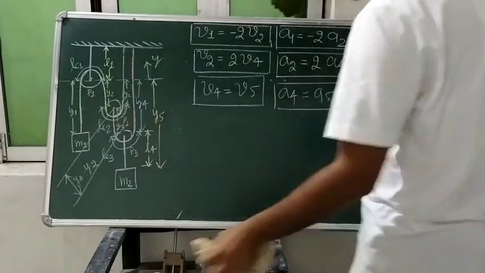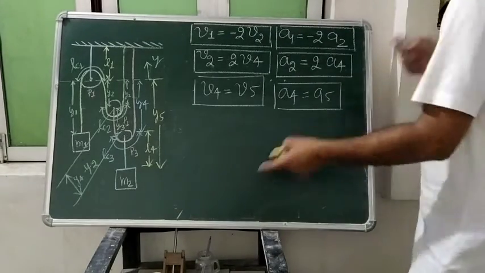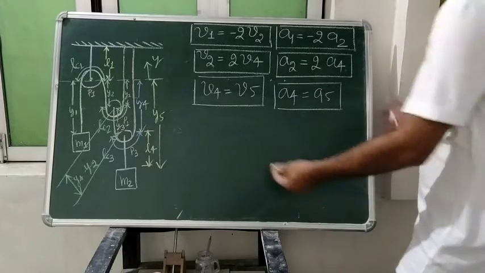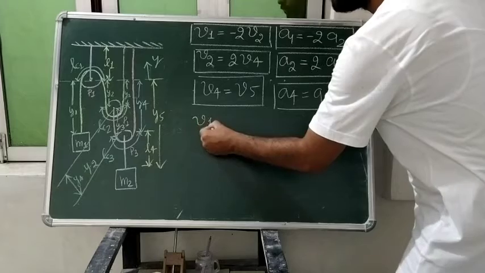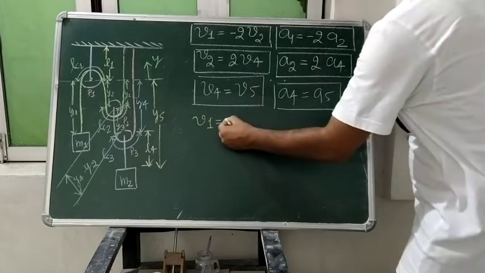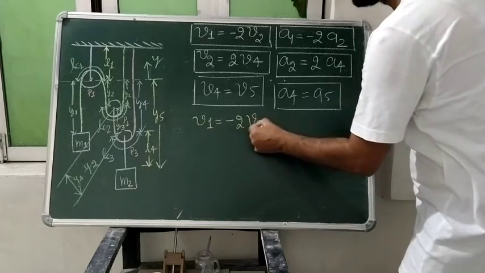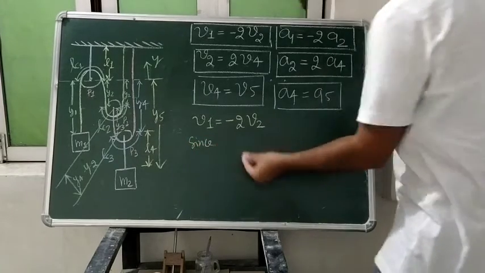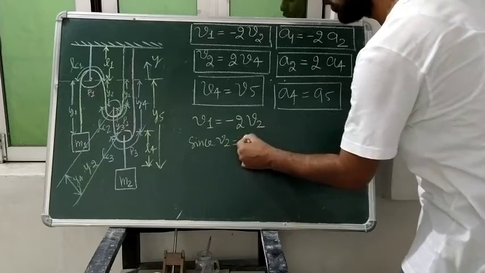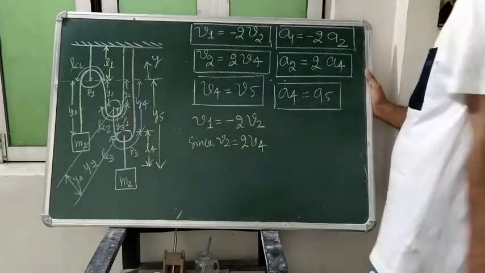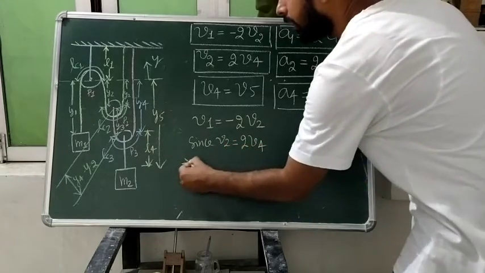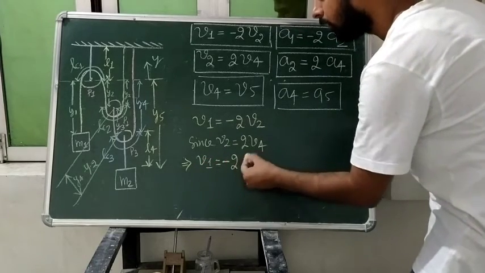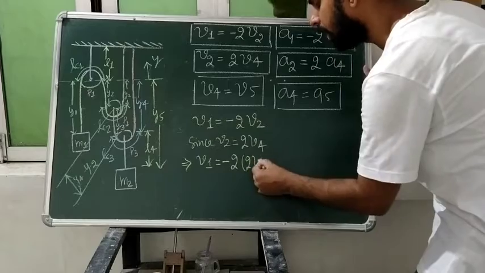And now we want to know what will be the acceleration of the blocks. So of course, student, our V1 is what, student? Minus twice of V2. So in place of V2, since V2 is equal to twice of V4, our V1 will come out as minus of this 2 and this twice of V4.